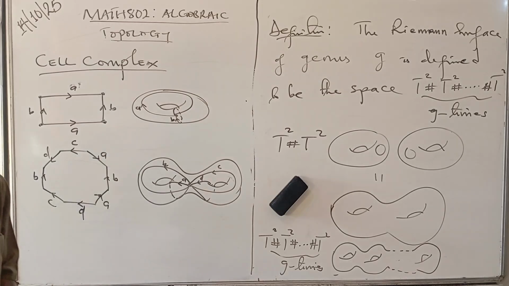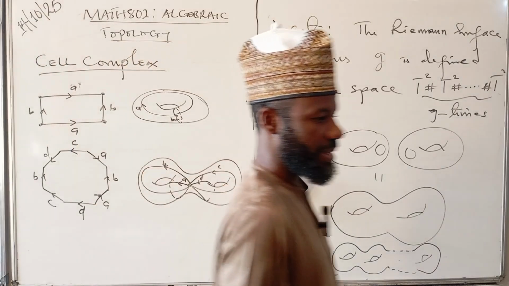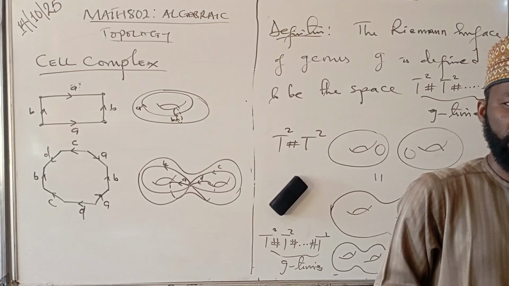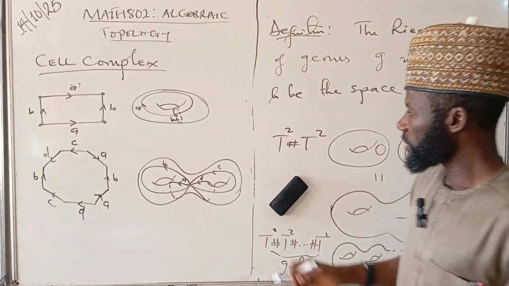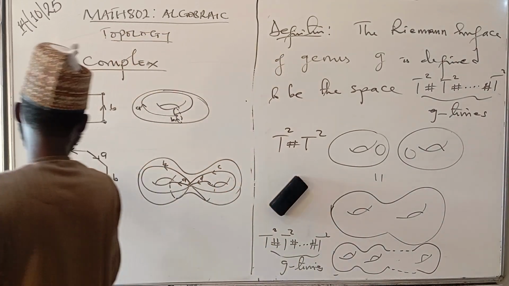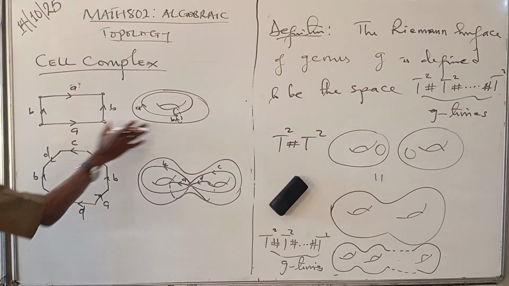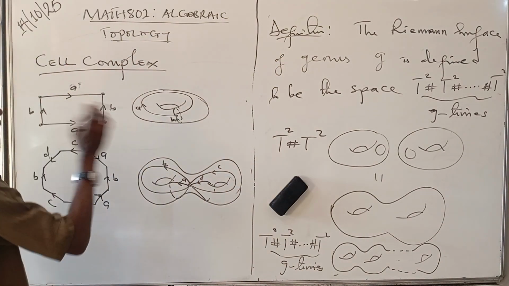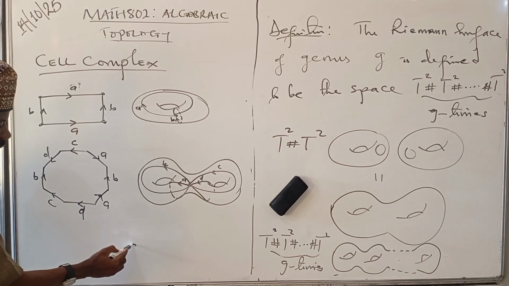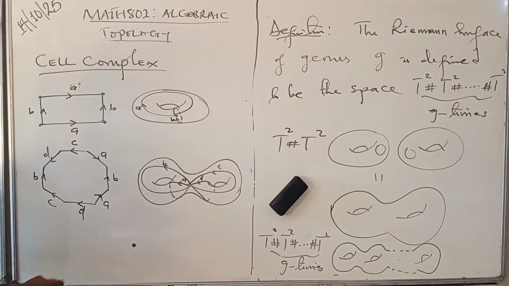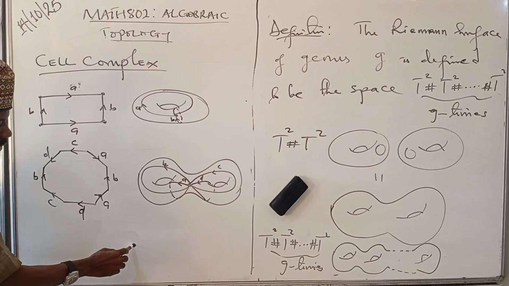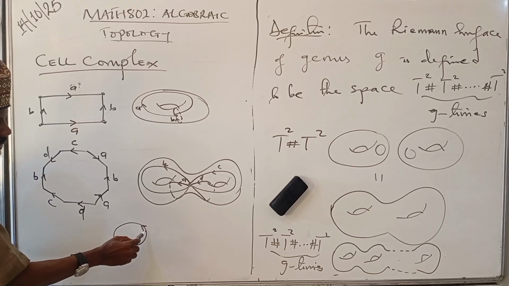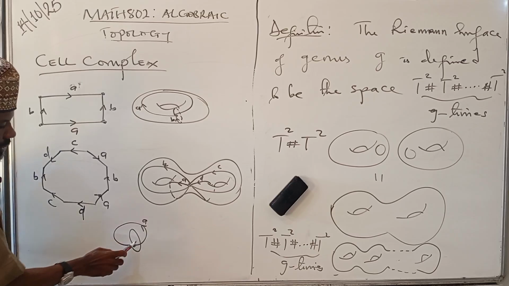So this is an identification. In fact, many of the interesting topological spaces can be constructed in this way. The way you think of it is like you are starting with a single point, and then you attach edges to the single point, and then you attach edges like that.